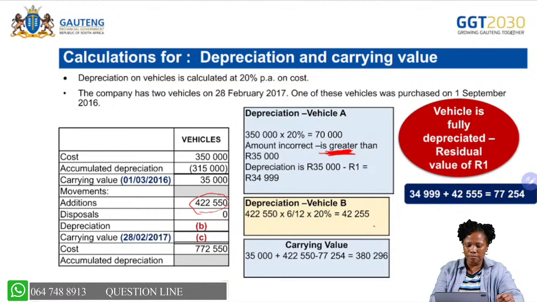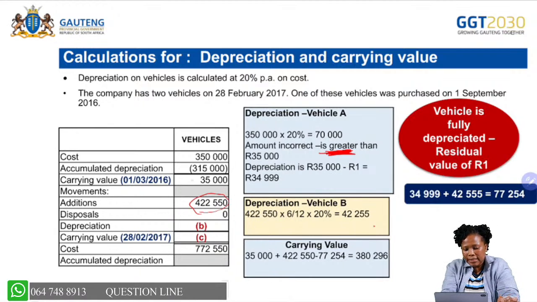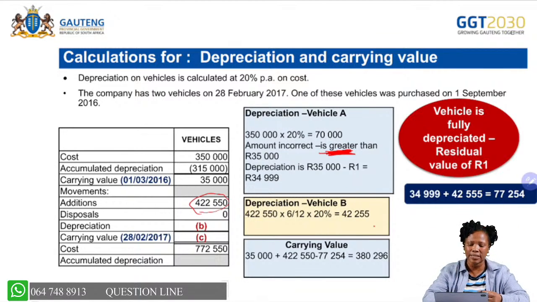And then you will see the carrying value now, because remember that we still have to calculate C, which is our carrying value. And then our C, we will take 35,000, and we add 422,550. Remember that now we are going down. When you go down, the signs will not be changed. It's only when you are going backwards, you will change the signs.